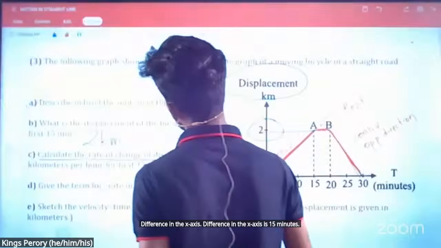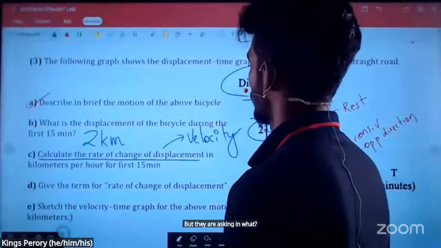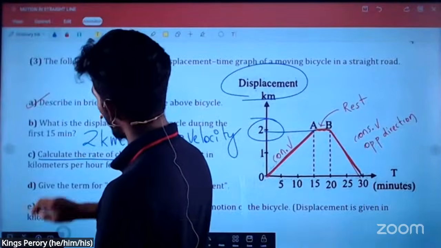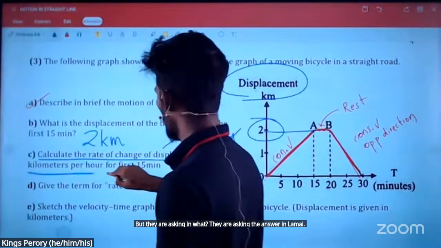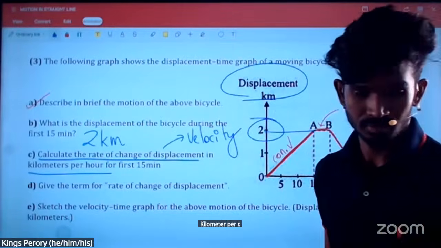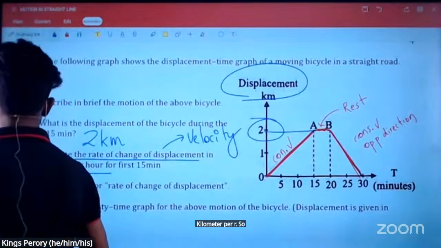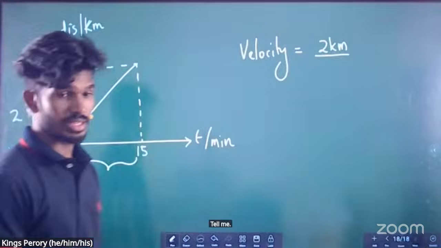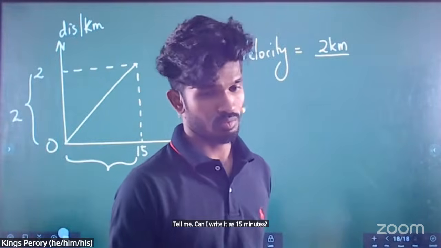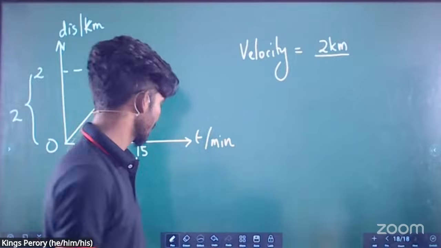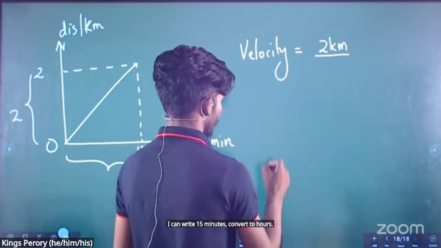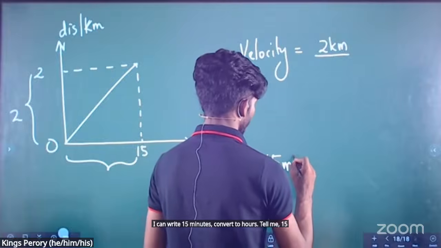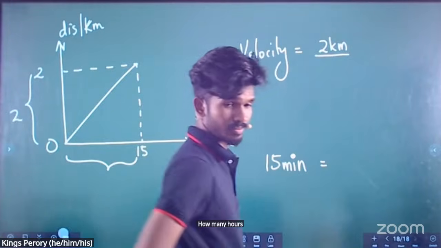But what are they asking? They are asking the answer in kilometers per hour. So can I write it as 15 minutes? No. Convert to hours. Tell me, 15 minutes is how many hours?